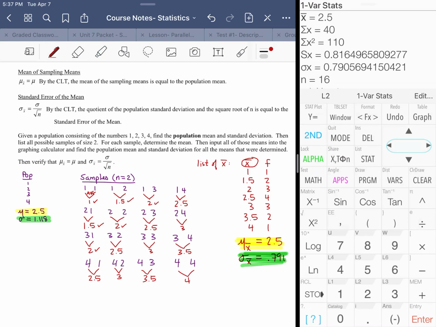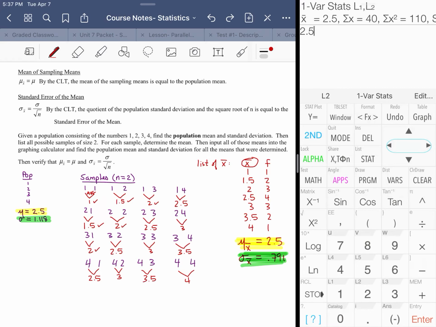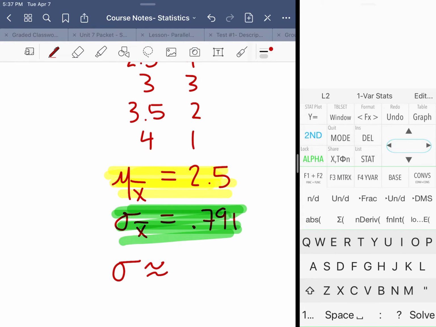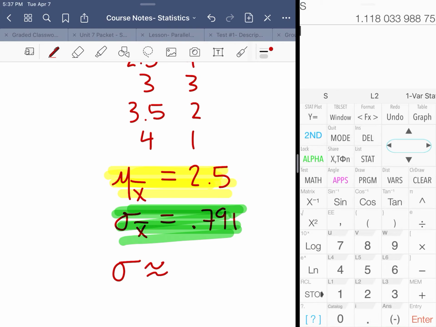All right, so what are they? Well, we have a relationship up here that tells us what they are. What it's telling me is that if I take the sigma that I got from earlier and divide it by the square root of n, then I'll get the thing that I'm looking for. All right, so sigma, which I stored in as S, 1.118.